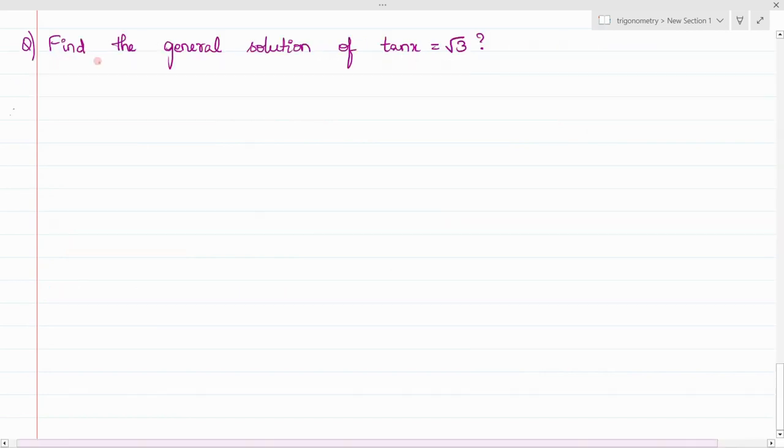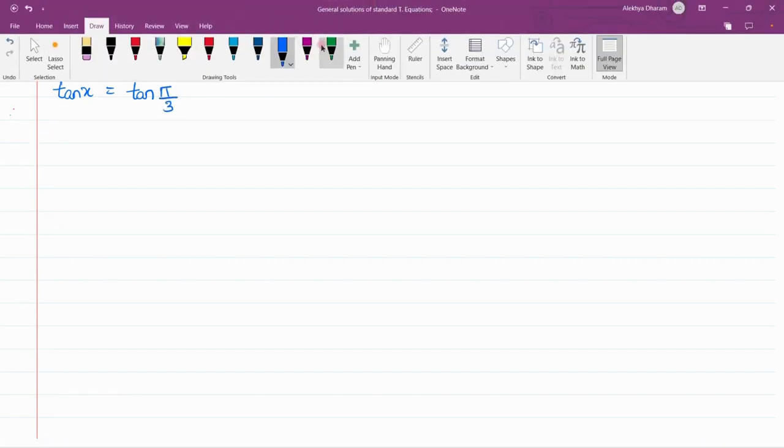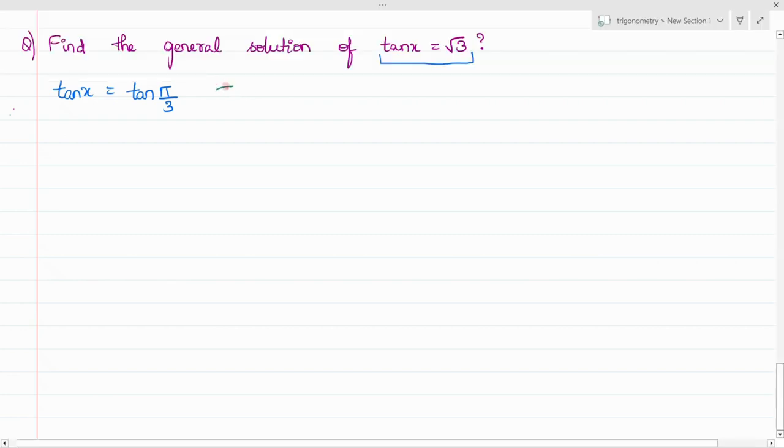So in this question, we need to find the general solution of tan x is equal to root 3. So this can be written as tan x is equal to tan 60 degrees, 60 in the sense pi by 3. So it's in the form of tan theta is equal to tan alpha.